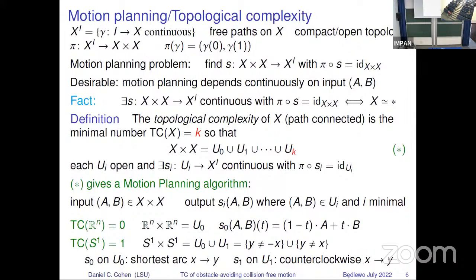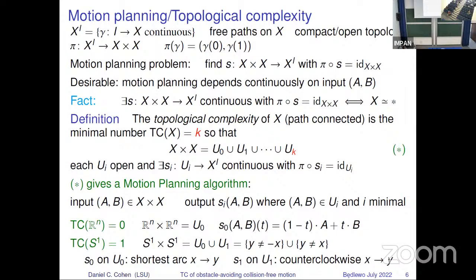Okay, let's formalize a bit. X^I is the space of free paths on X. There is a natural map from X^I to the product space X × X. You give me a path, I find its two endpoints. That's the fibration.